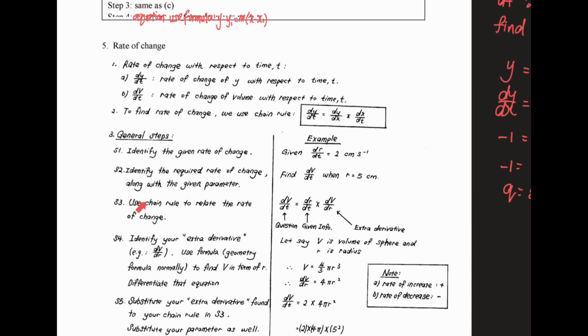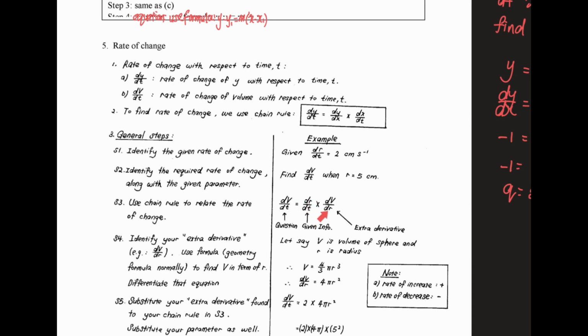So step 3, use chain rule to relate the rates of change. So you have given a rate of change, and you need to find this rate of change. So you need to relate these two by using chain rule. We put the question on the left, dV/dt is the question. We put the dr/dt, the given information, on the right, and then you need to use common sense to get another derivative.